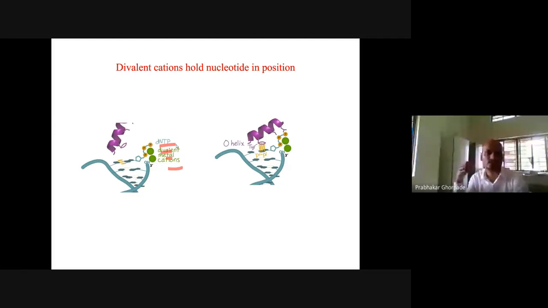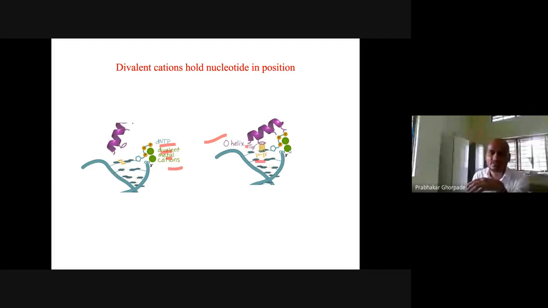As you know, when we say DNA, we are synthesizing DNA. Basically, DNA is a polymer of nucleotides. So these deoxynucleotides we want to join together, and they have to be fixed in the particular position. That is why we have this divalent metal cation.